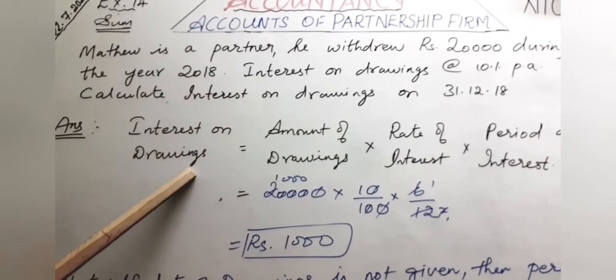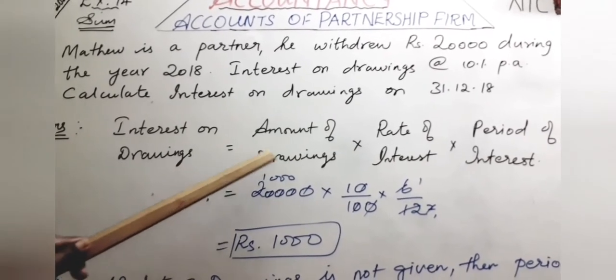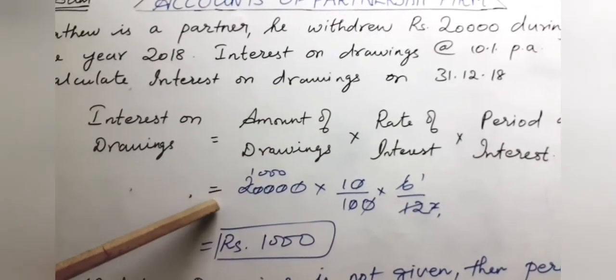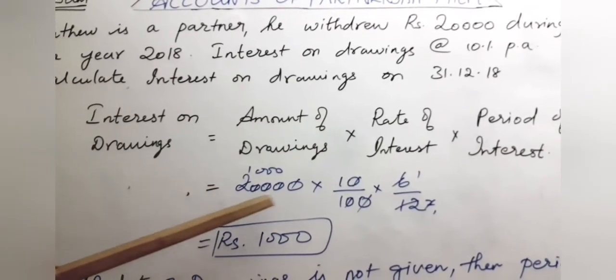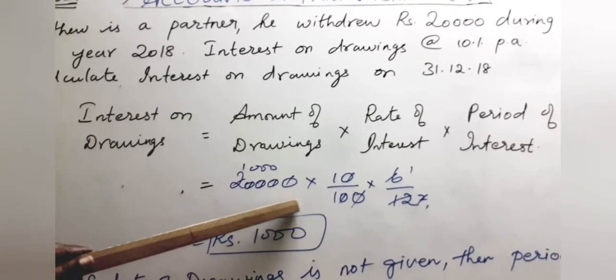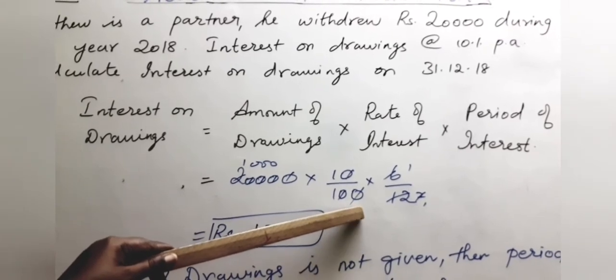Now you want to write the formula. Interest on drawing is equal to amount of drawing into rate of interest into period of interest. So the amount is 20,000, children. I have applied the rate here, that is 10%, and 6 by 12 is the period of interest. Now how does the 6 by 12 come?